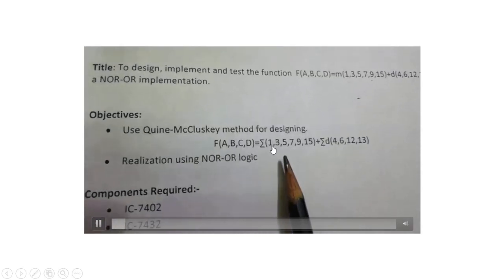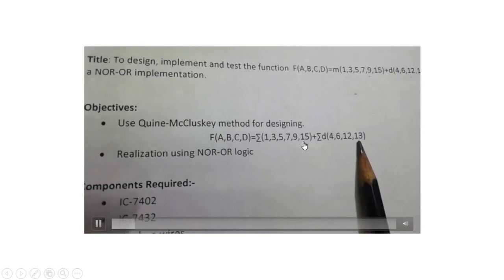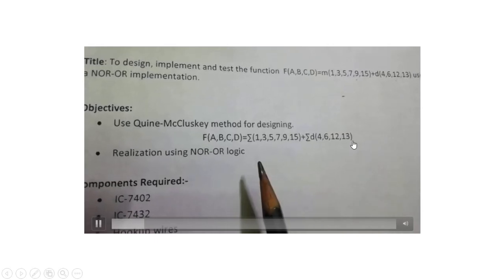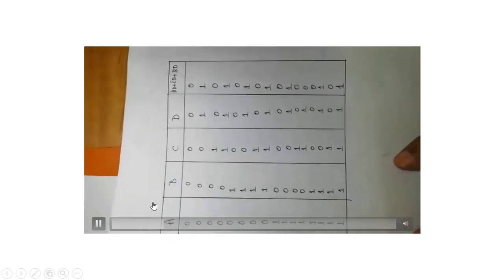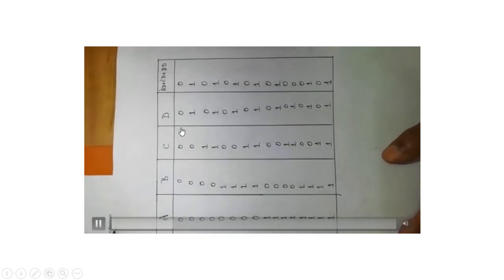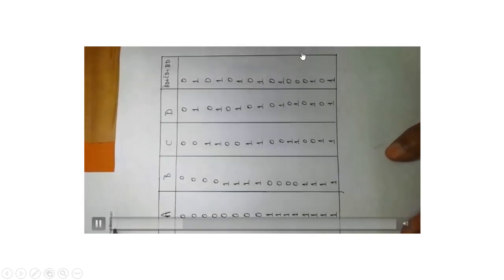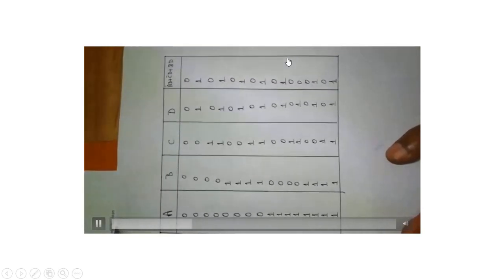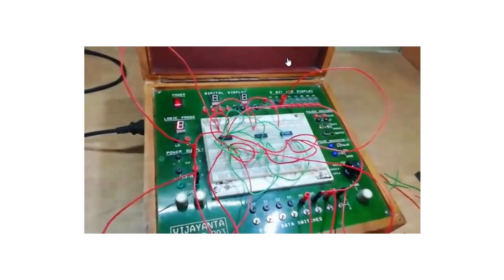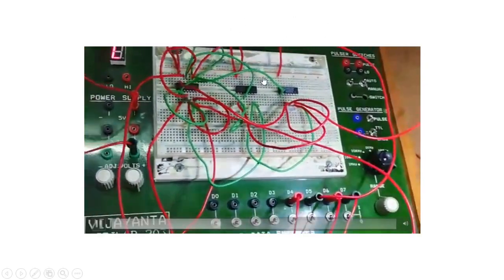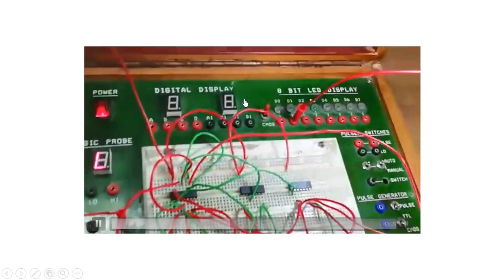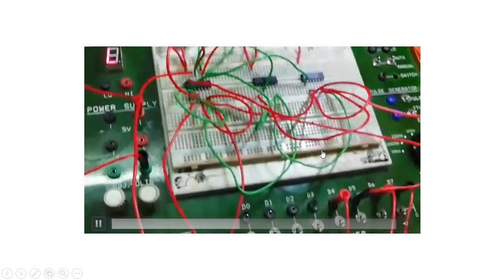These are the minterms and these are the don't care terms. So we will form the truth table like this, and we will verify it as we have already made the circuit. You have seen it in the previous video. So this is the circuit we have made. Now we will verify its truth table.